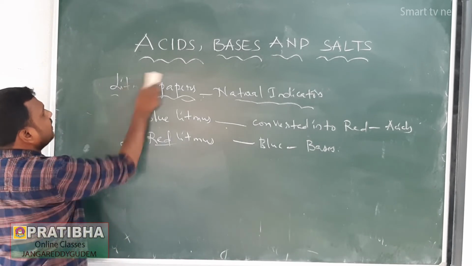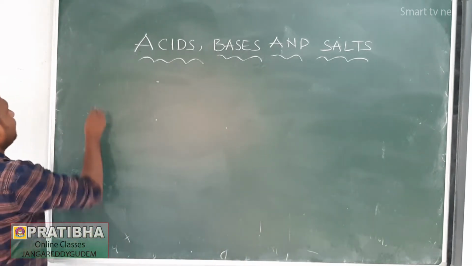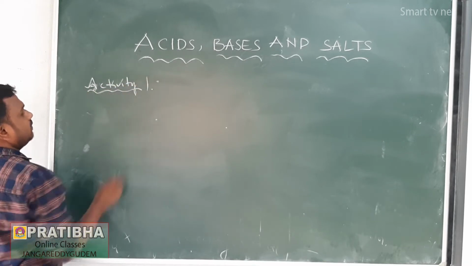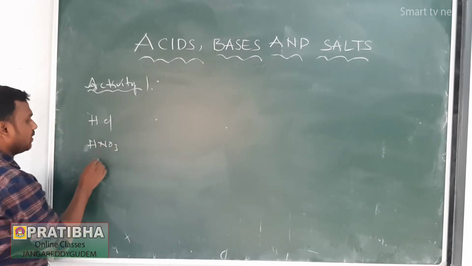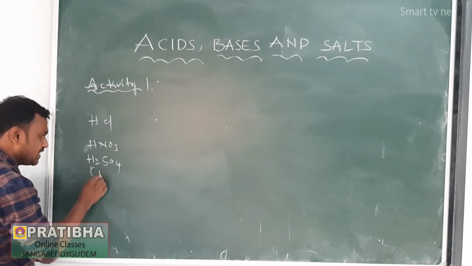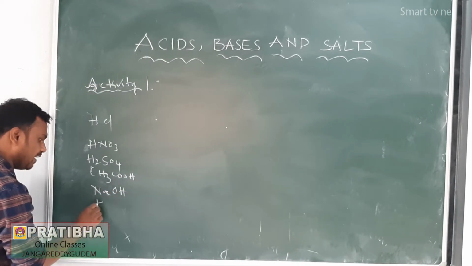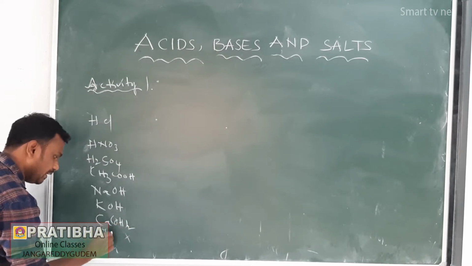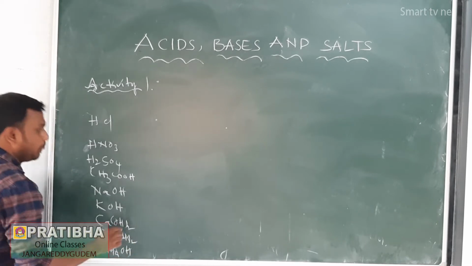Next, activity number 1. We take HCl, HNO3, H2SO4, CH3COOH acetic acid, NaOH, KOH, Ca(OH)2, Mg(OH)2, and NH4OH.